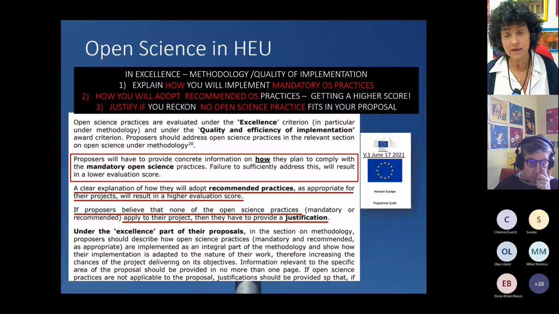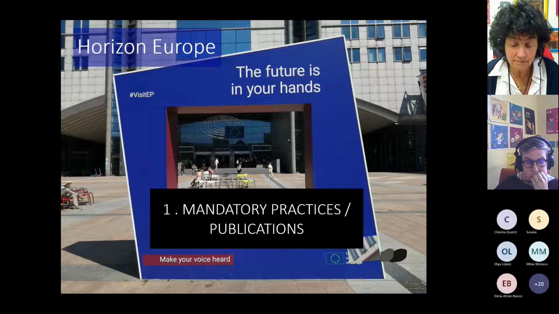So you have to explain how you will comply with the mandatory, how you will adopt and adapt recommended practices, and explain, or better justify, if you reckon that no open science practice is suitable for your proposal, okay? I hope, again, it is clear.